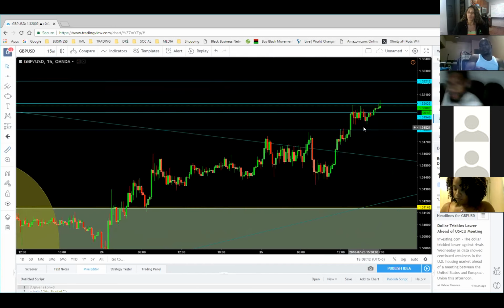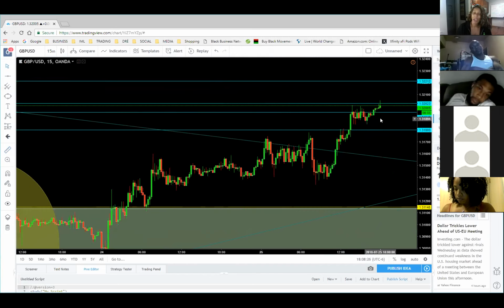If you're doing larger lot sizes, for example, that could be worth it to you. But if you're just catching 15 pips, let's say you're doing a mini lot, a $2 lot size, you would have taken half a work day to make $15.